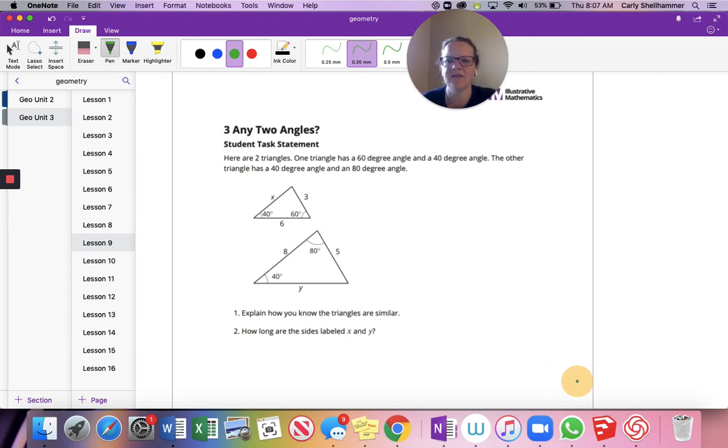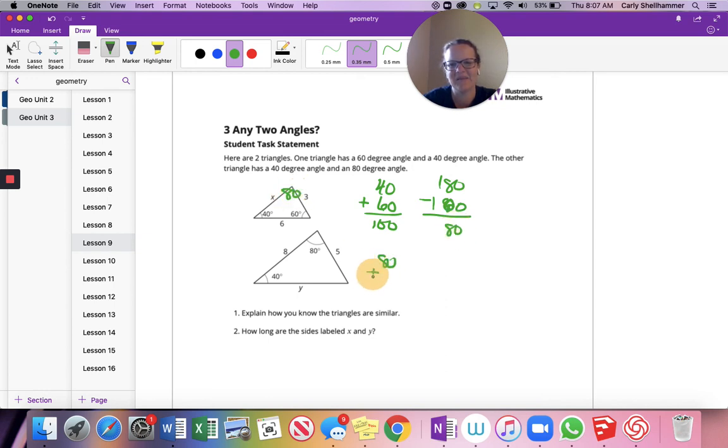So here are two triangles. One triangle has a 60-degree angle and a 40-degree angle. The other triangle has a 40-degree angle and an 80-degree angle. Explain how you know the triangles are similar. Well, I'm going to just check real quick. 40 plus 60 is 100. 180 minus 100 is 80.